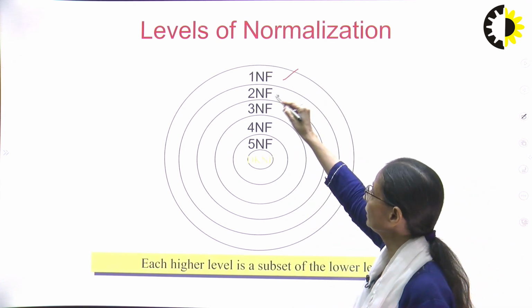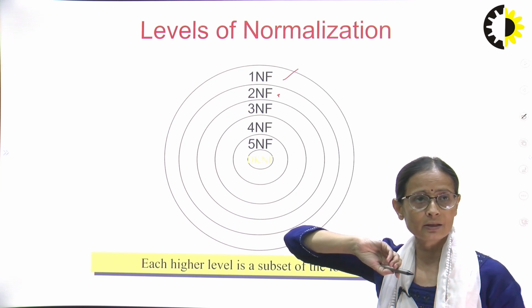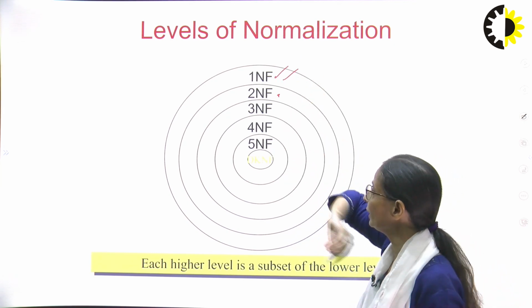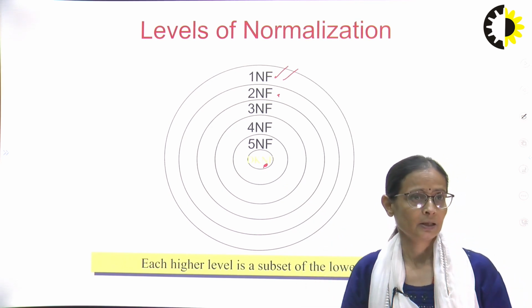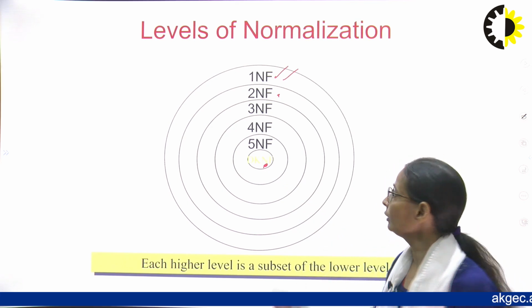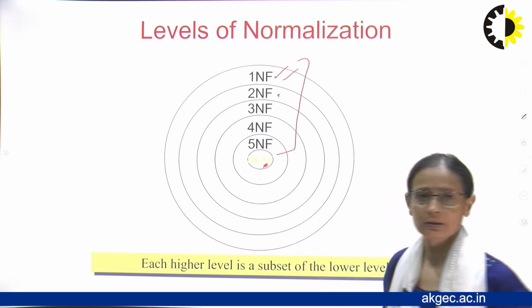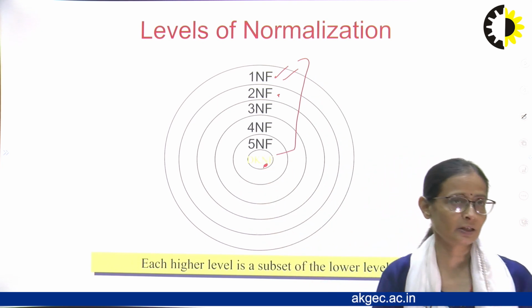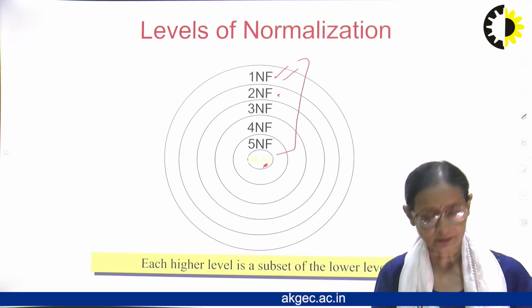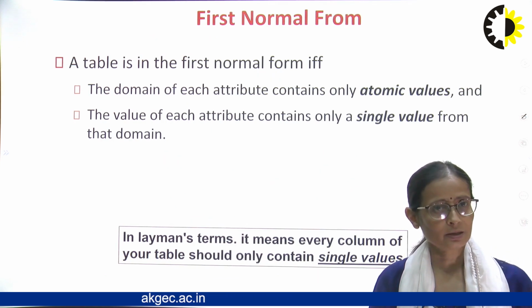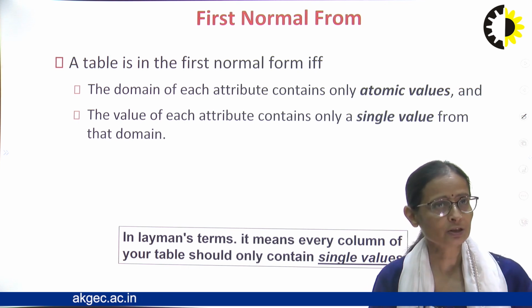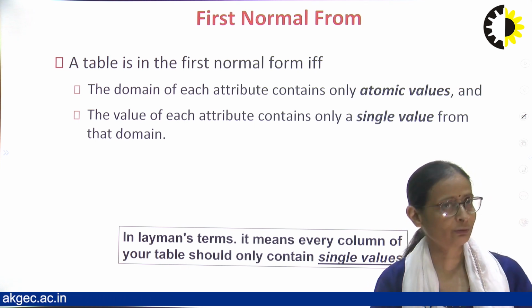If the database is in 2NF, it is already satisfying 1NF also. Similarly, if my database satisfies DKNF, then automatically all these levels are satisfied. Let's start with the very first normal form, that is 1NF.